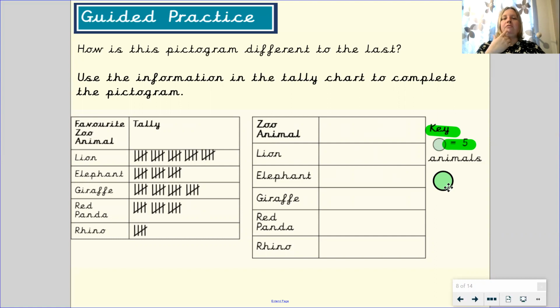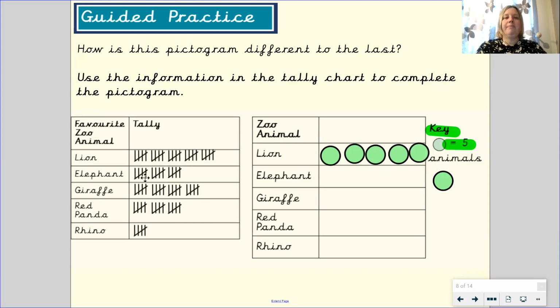A circle represents 5. So we've got to count in 5 till 25. Count with me. 5, 10, 15, 20, 25.